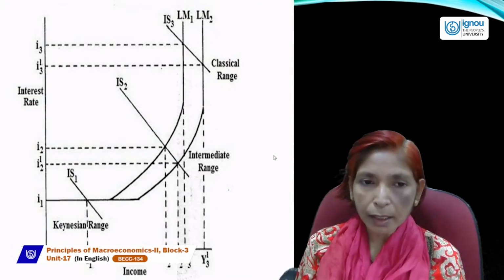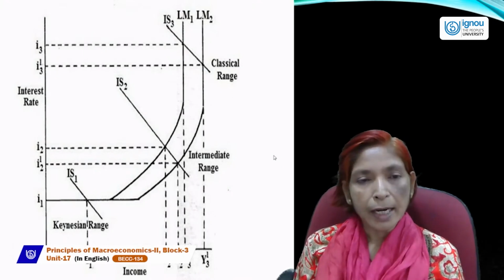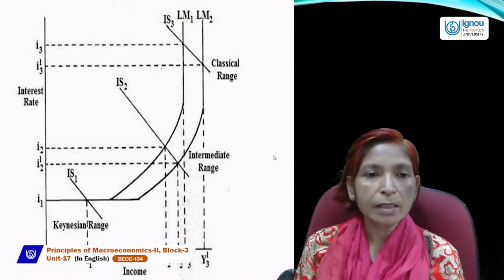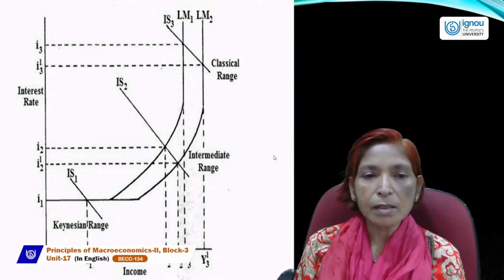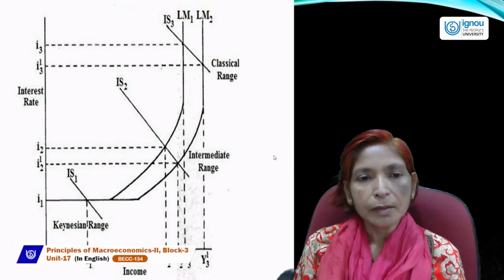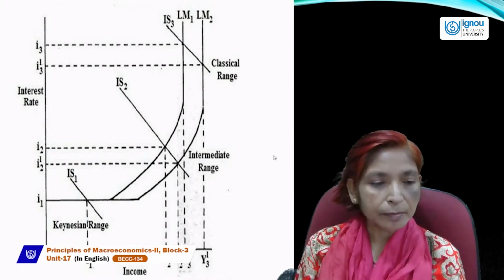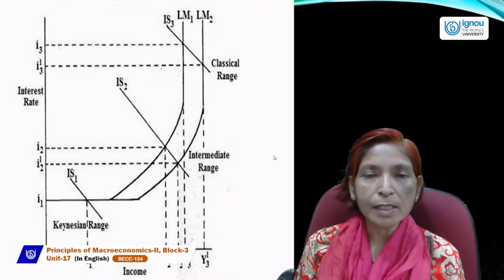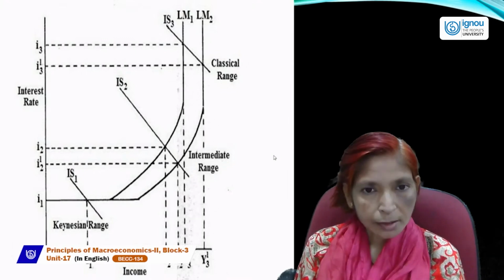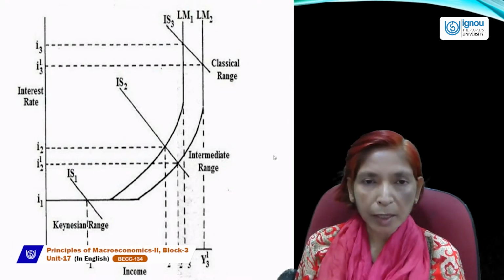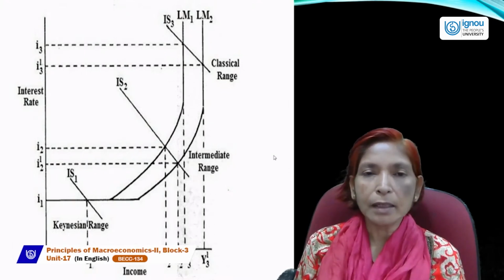But in the classical range, the income level is increasing too much, and here we can say that in the classical range, monetary policy is much more effective, but in the Keynesian range, it will not give any effect. So, monetary policy is effective more in the classical range, less in the intermediate range, and has no effect in the Keynesian range.